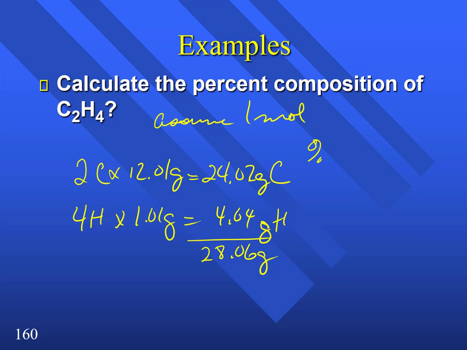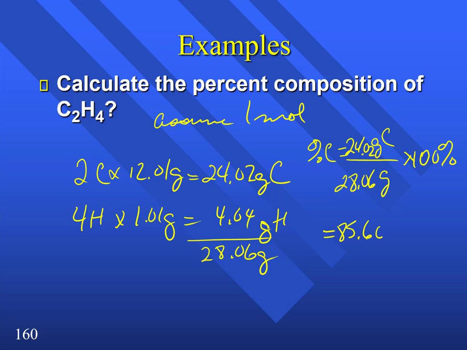If I want the percent that's carbon, I need the grams of carbon over the total grams. Well, the grams of carbon was 24.02. The total grams was 28.06. I multiply that by 100%, and 24.02 divided by 28.06 equals 85.60% carbon.